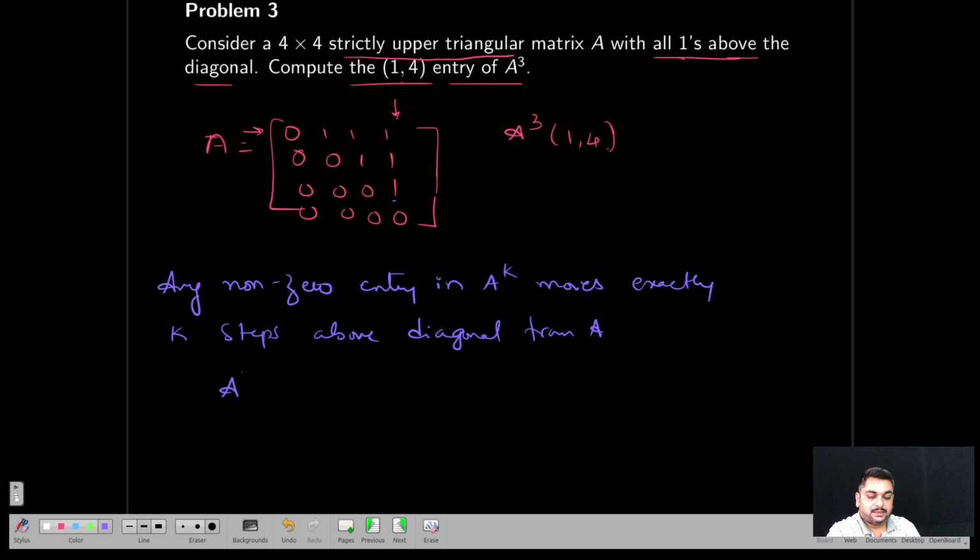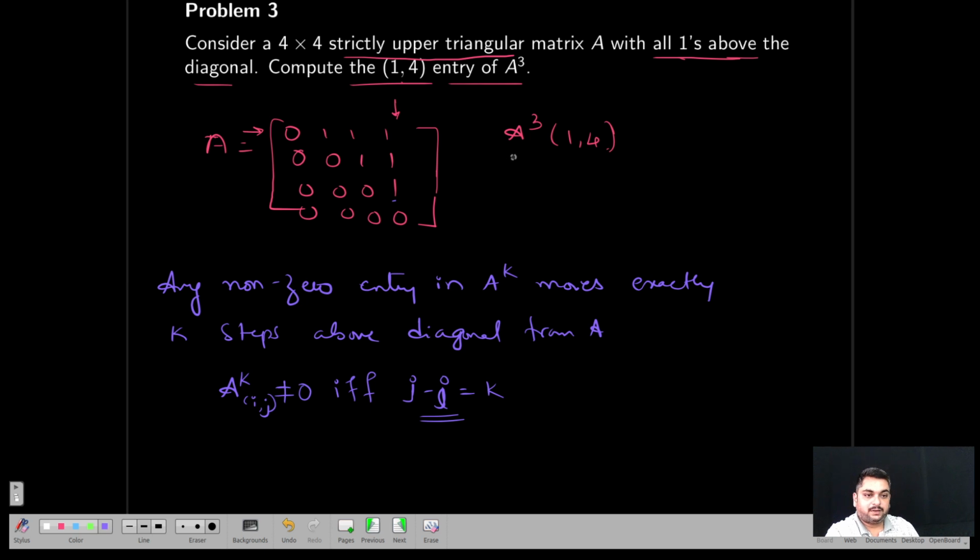What they mean to say is A^k of (i, j) is not equal to 0 if and only if j minus i is equal to k, exactly k. This is the condition.